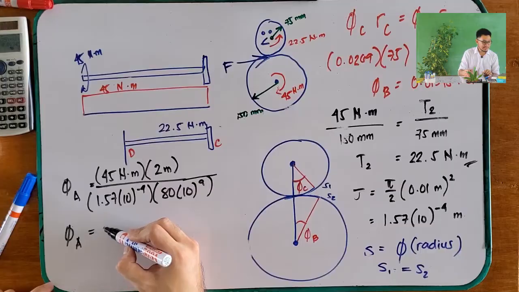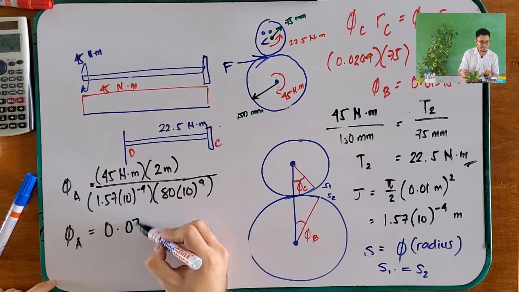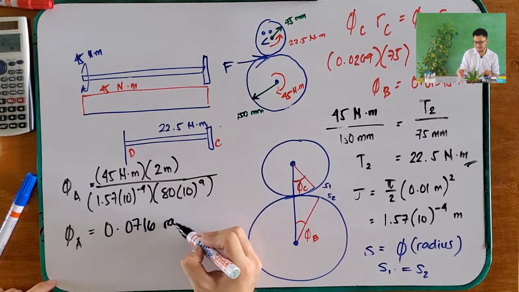Okay? And we will solve that the deformation of your A with respect to B is equal to 0.0716 radians.